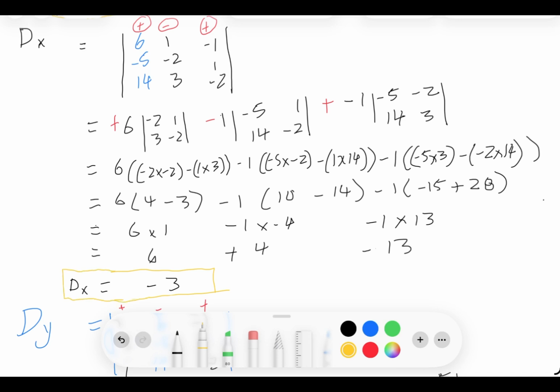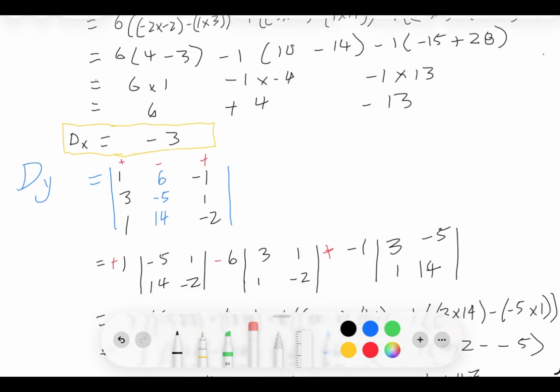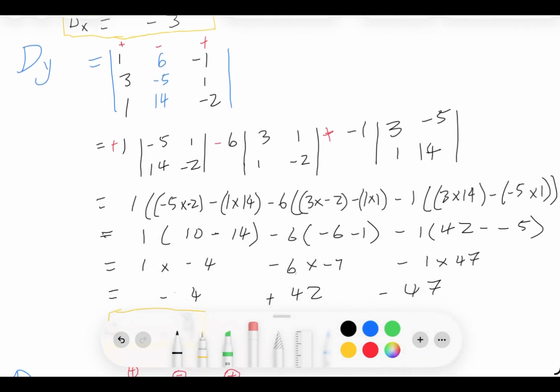Let's go down to dy. In dy, we're replacing now the second column with the original results matrix. So then dy will be the determinant of 1, 6, negative 1, 3, negative 5, 1, 1, 14, negative 2.